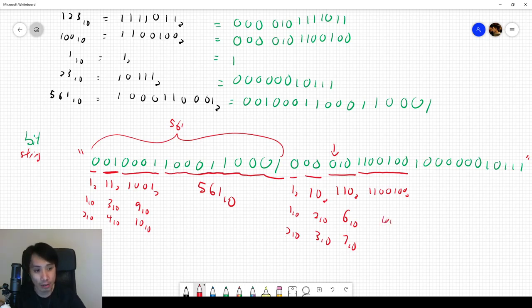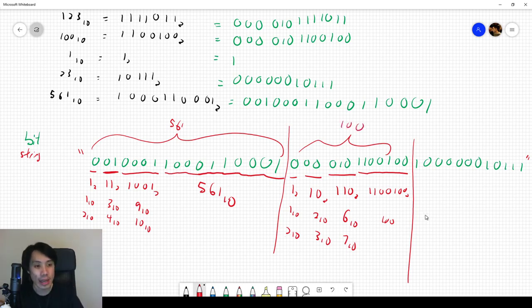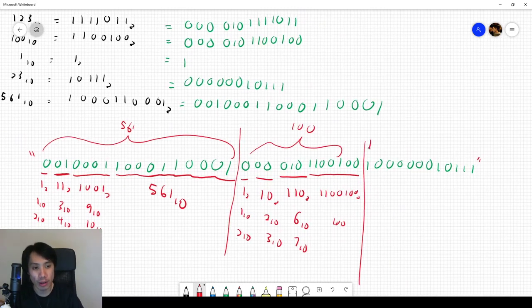Decimal is 100, means here, right? The pointer was here, it is going to be 100. Okay, then the next one, the pointer will be here. The pointer is 1, means it is a number, means here is automatically 1. Okay, it will be 1.